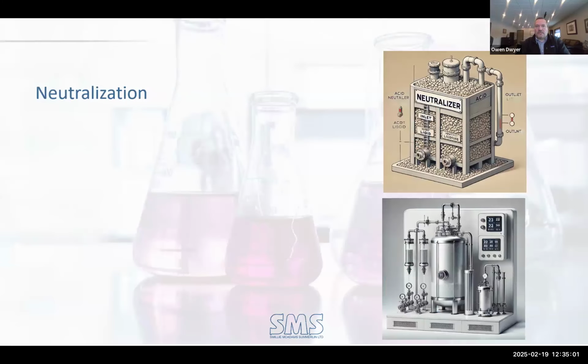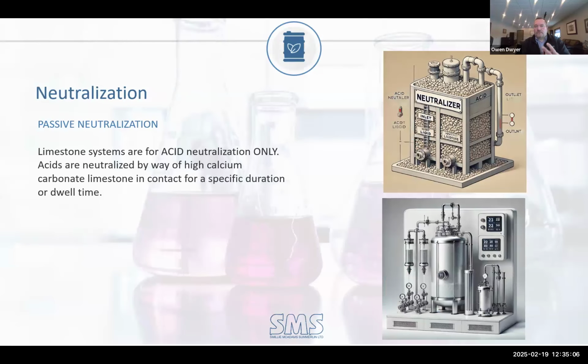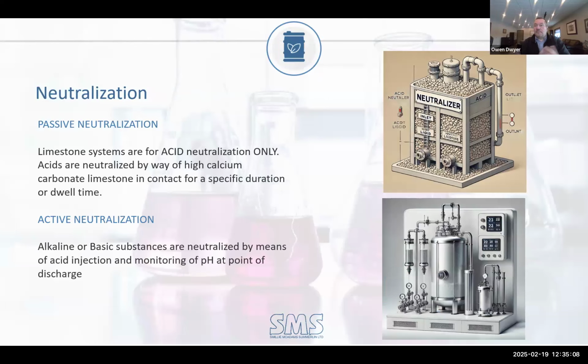There's huge volumes. So the way you think of neutralization is by way of 2 methods: passive neutralization and active. So your passive is for acids only, because you're using a solid alkaline, calcium carbonate limestone, and it will neutralize acids. And I'll talk about sizing and whatnot, but that's a limitation.